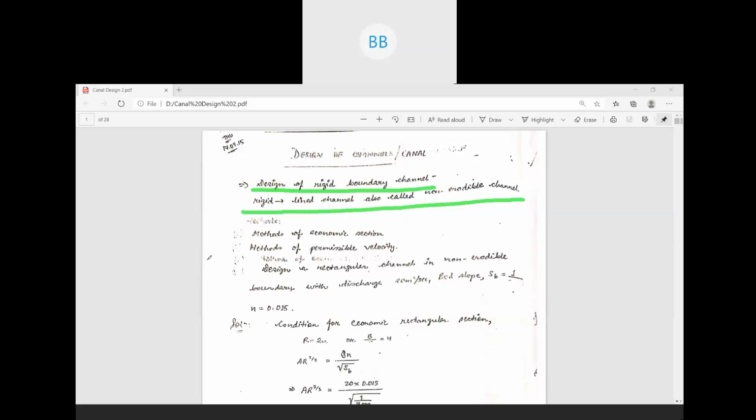Okay. So in that particular case, we have two methods. One is method of economic section and another one is method of permissible velocity.